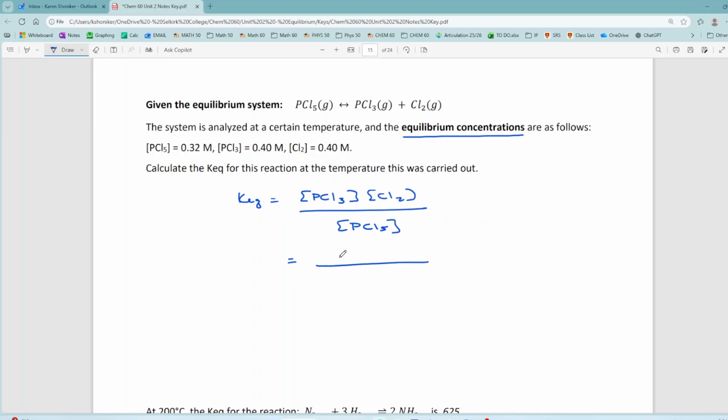So into this formula, I'm going to plug in 0.40 times 0.40 divided by 0.32. So 0.4 squared divided by 0.32 gives me, to 2 sig figs, 0.50. No units on your equilibrium constant.